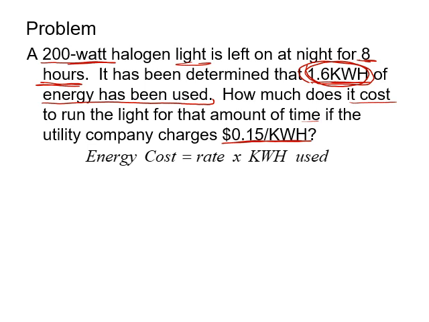So here is the equation. This is my rate, 0.15, and the energy consumed is 1.6. If you multiply both, 0.15 times 1.6, it's going to get you $0.24. Okay?